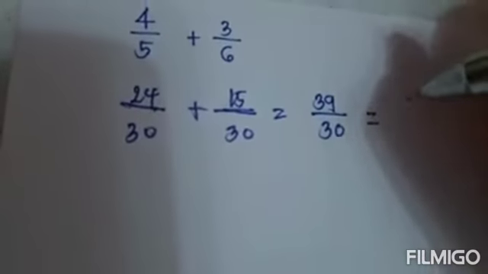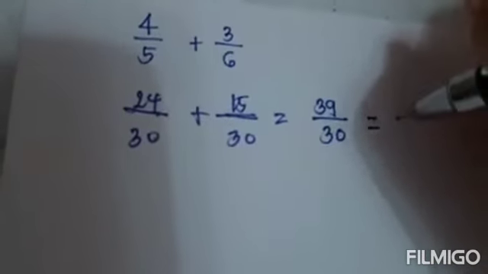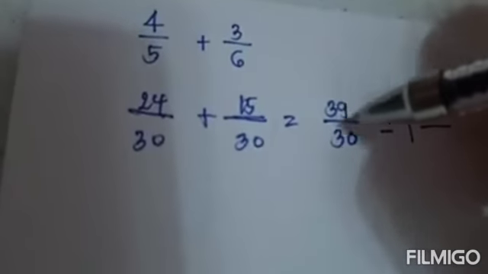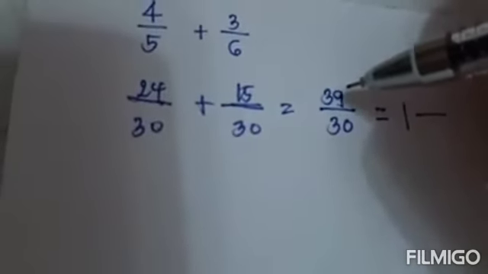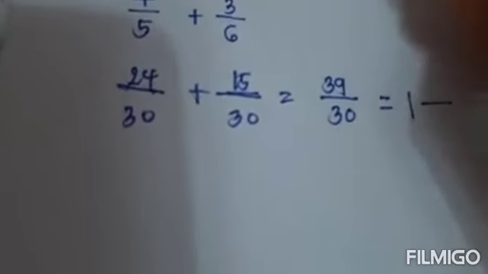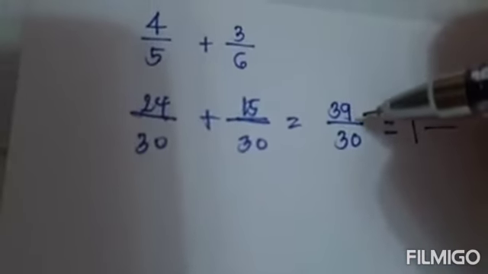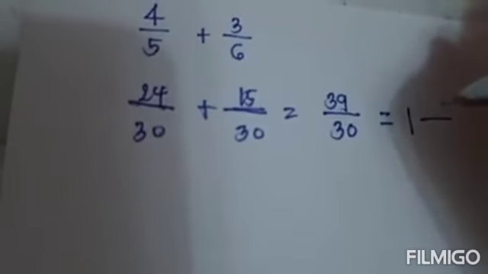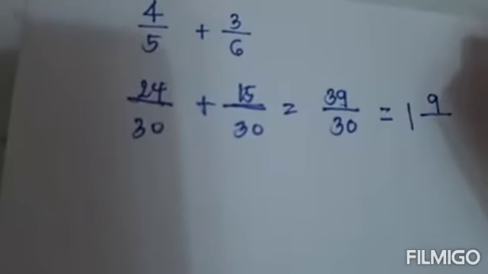So, of course, there is only one 30. So 1 will be your whole number. And what will be left from 39 after you get 30 from it will be your numerator. That is 9. So your numerator is 9.